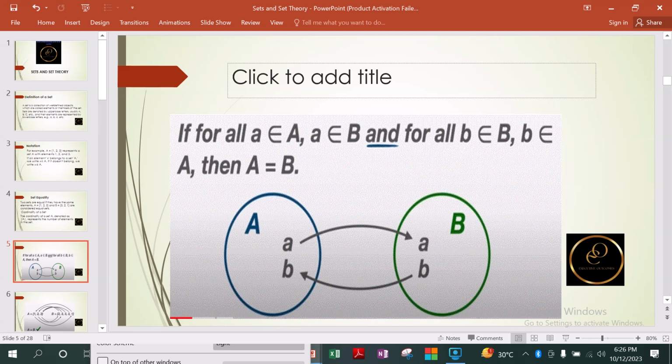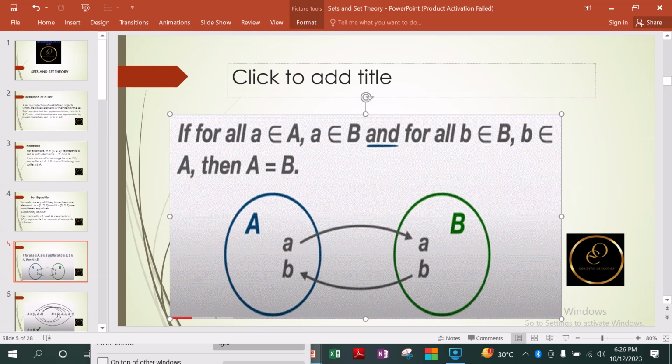We can write the mathematical statement this way: for all a belonging to A, a belongs to B, and for all b belonging to B, b belongs to A, then A is equal to B. This symbol indicates belongs to.